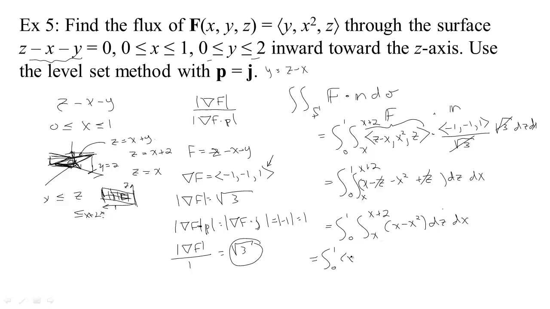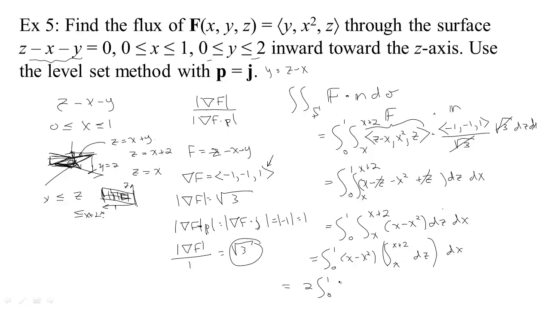This is constant, so the x minus x squared comes through, and then we have the integral from x to x plus 2 of dz and all of that dx. But the integral of 1 dz is just z. We plug in x plus 2, we plug in x, we find the difference, we just get 2.